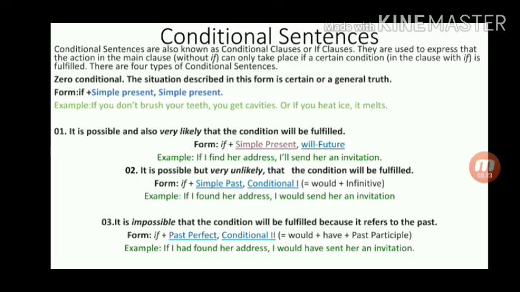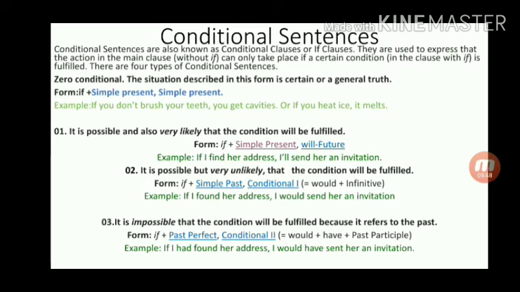So the if clause is made in the simple past tense and the main clause is made with would plus the infinitive form of the verb. Example: "If I found her address, I would send her an invitation."